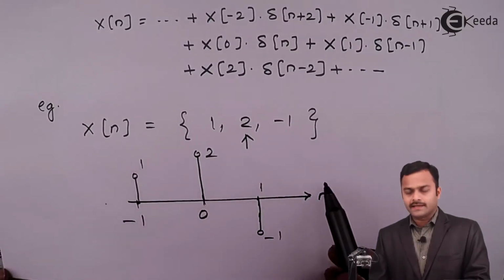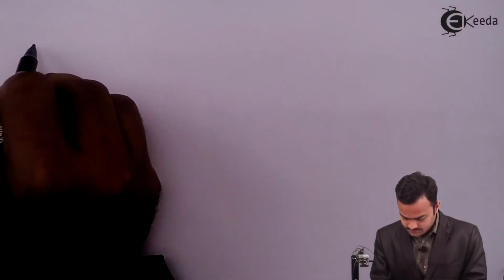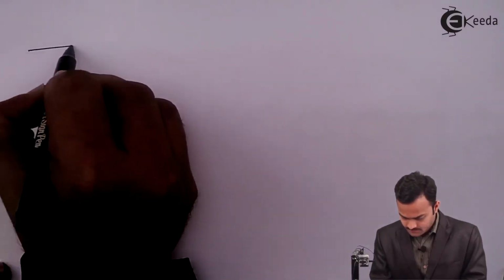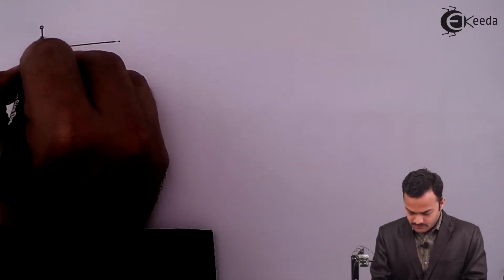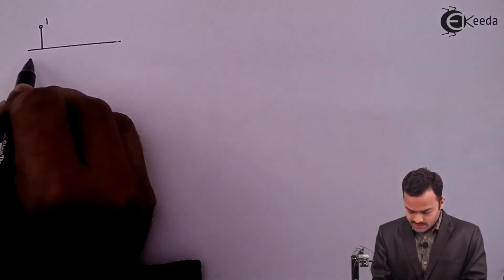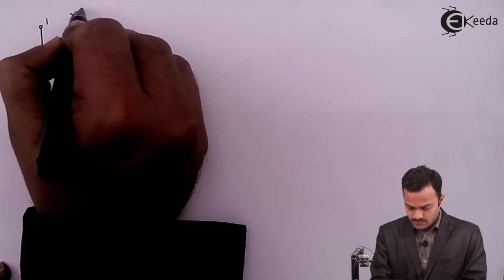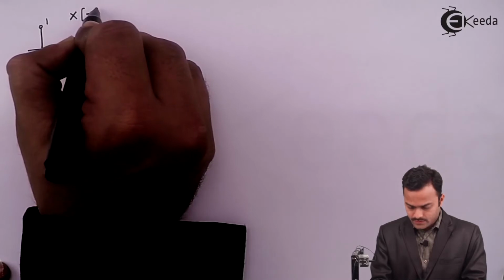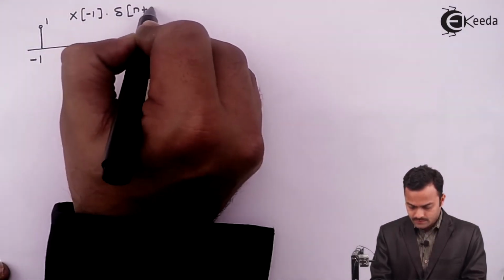This x of n I can write in terms of delta, so let's write that delta first. So what we'll obtain is this. I'm getting a signal having the value 1 at the instant minus 1, which is nothing but x of minus 1 into delta n plus 1.